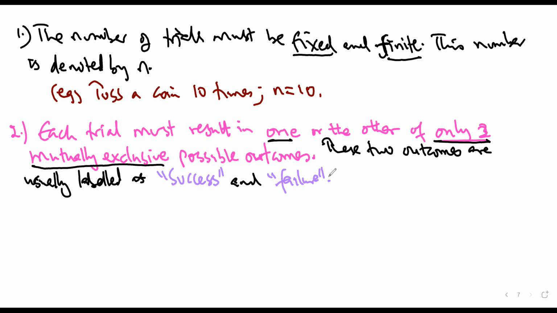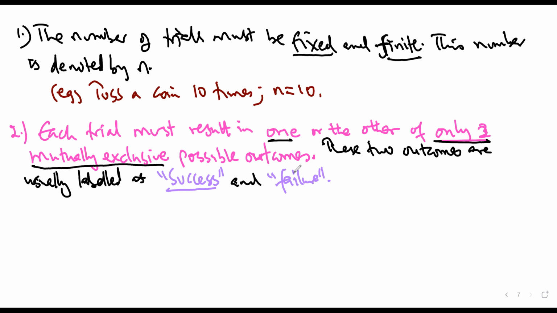So we label the two outcomes as success and failure. The outcome that we are interested in is the one that we call the success outcome. And the outcome that we are not interested in, or the other outcome, is called the failure outcome.